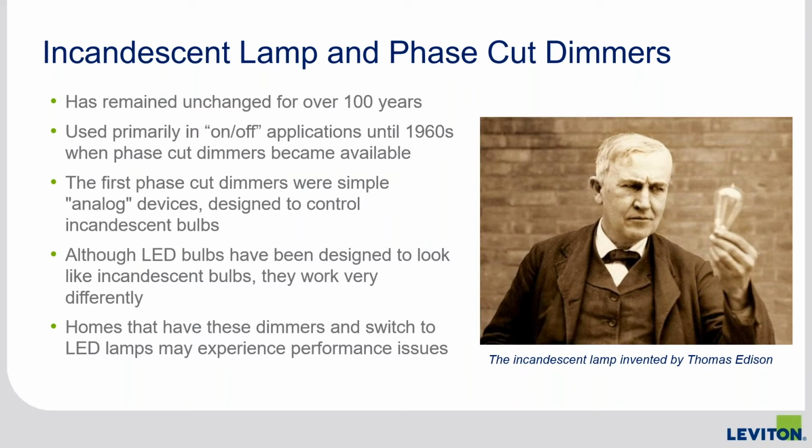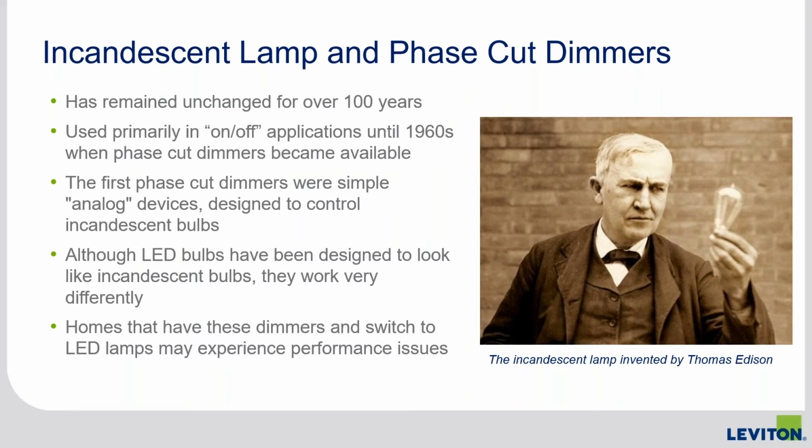The first phase cut dimmers that were offered were really analog devices. There were no smarts in there. You couldn't connect to Wi-Fi 100 years ago, so we really didn't have those types of needs back then. Then along recently has come the LED bulb, which has been used to try and cut down on some of our power usage.